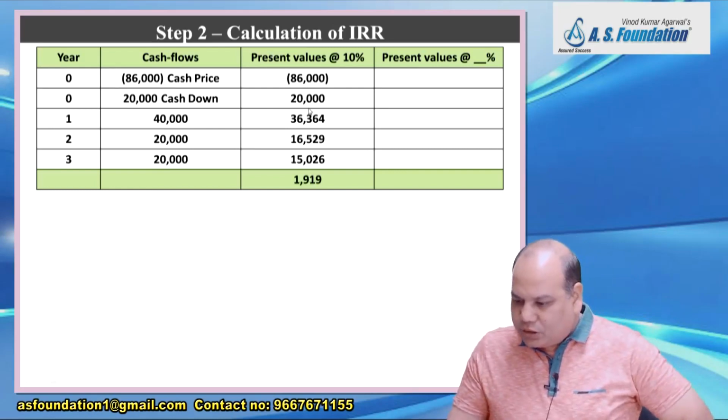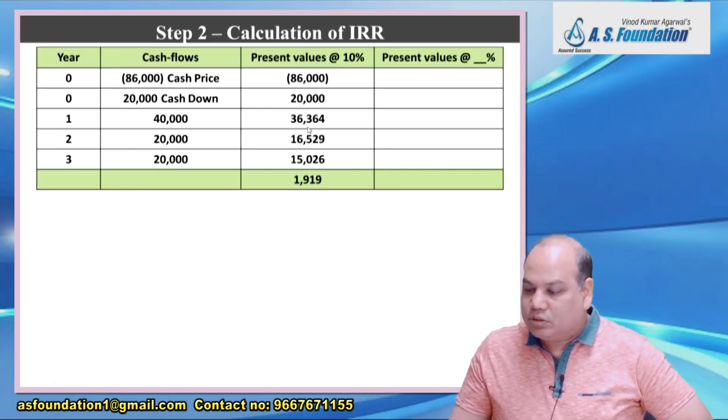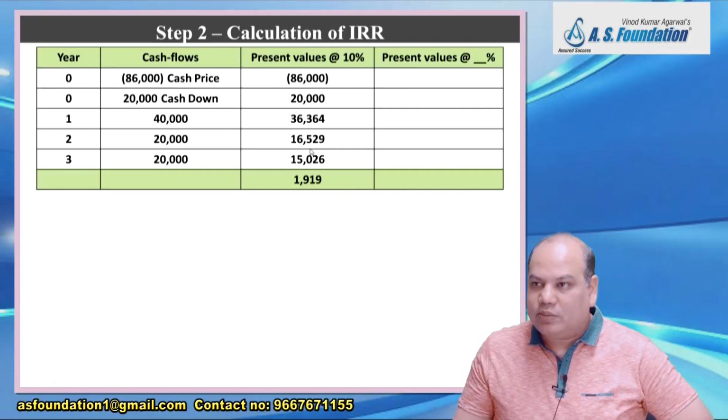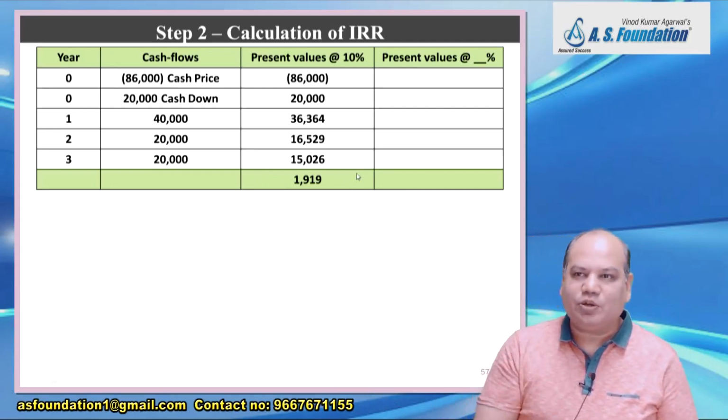Then take 40,000 divided by 1.10. Is it 36364? Again take 20,000 divided by 1.10, 2 times equal to. Is it 16529? Again press equal to because the next amount is same. 15026. If the next amount is same, you just press equal to one more time.